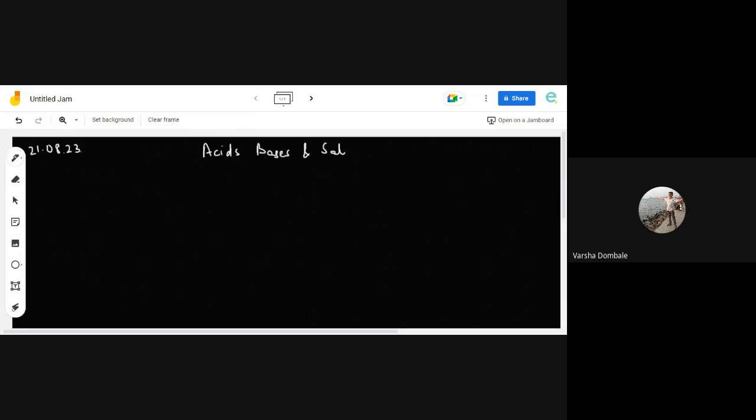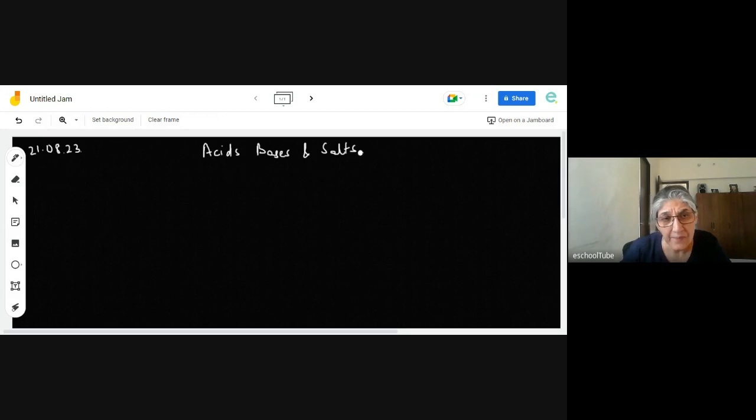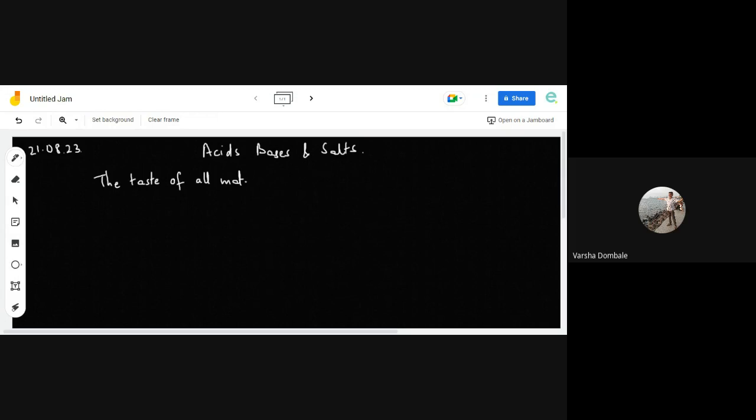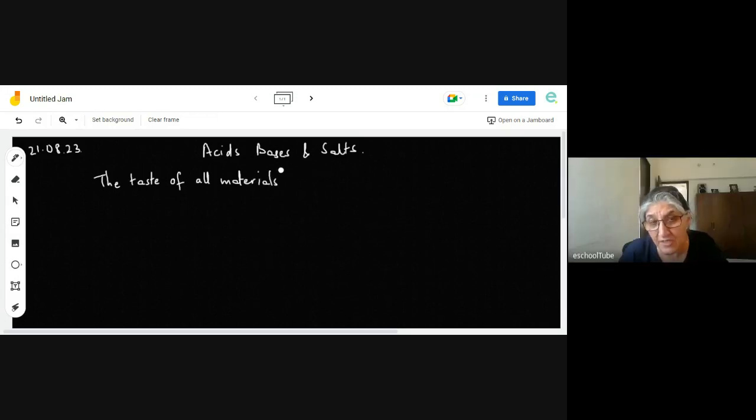So basically, the taste of all materials, whether salty, sour, sweet, is based on whether they have acids, bases, or salts. Yes, acids, bases, or salts.